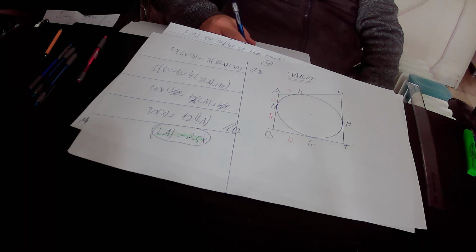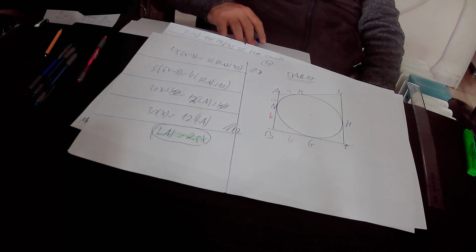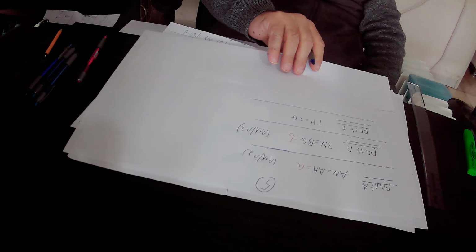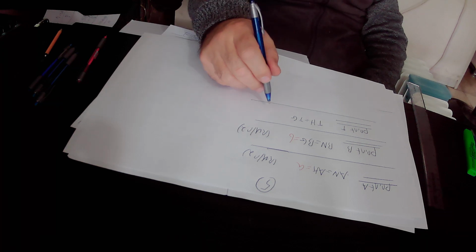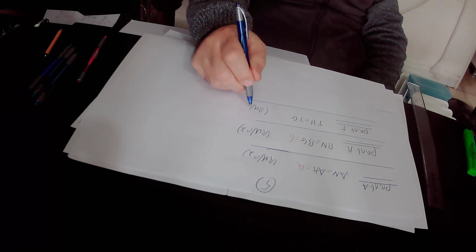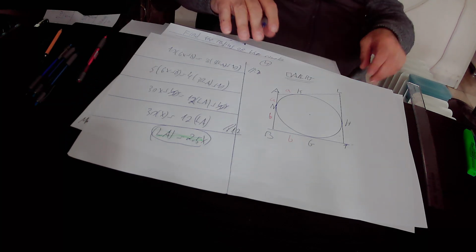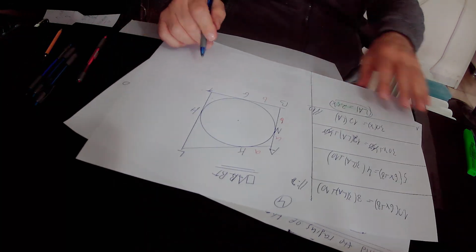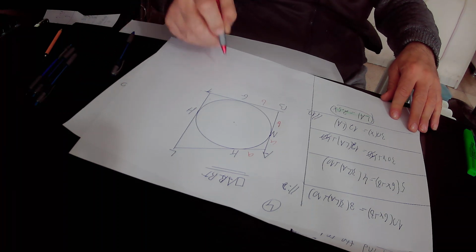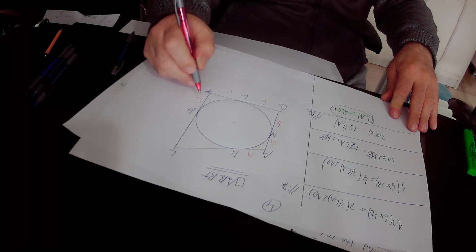That is to say, TH equals TG. So if we define the length of tangent TG as C, then the length of tangent TH must also be C because they are equal to each other.